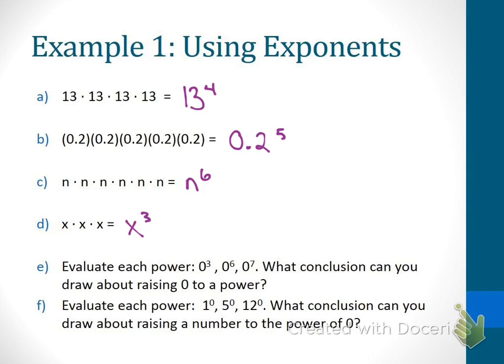Let's talk about the first one for a second. What's 0 times 0? Does it matter how many times I multiply 0 by itself? It's always going to be 0. I can multiply it by itself 100 times and it's still going to be 0. So 0 to the third power, sixth power, seventh power, each answer is 0.